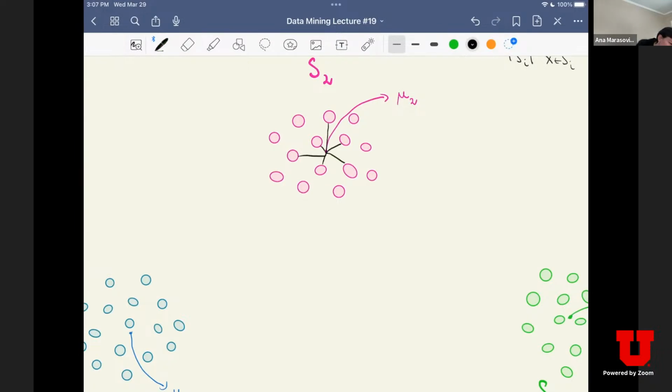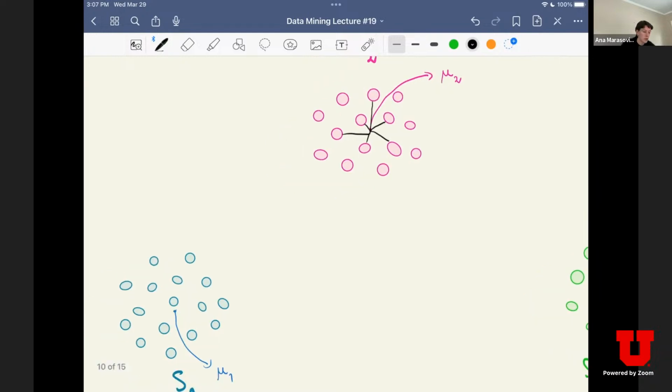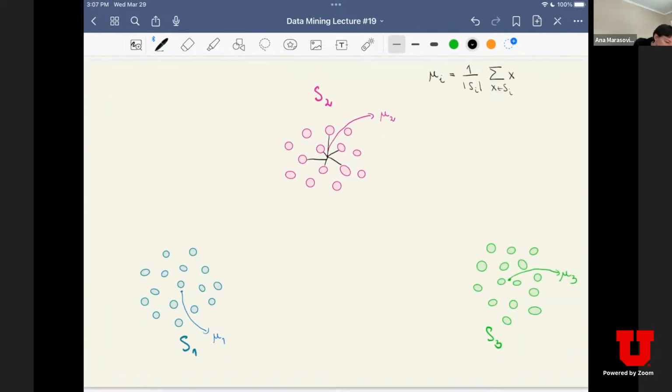Each one of them to the mean, taking those vectors and the outer product of those vectors with themselves, we want to make that as little as possible. Let me use another color here. This little vector here, if this is x, then this is x minus mu2. So each one of these little black vectors is that point subtracted from the mean of that set.